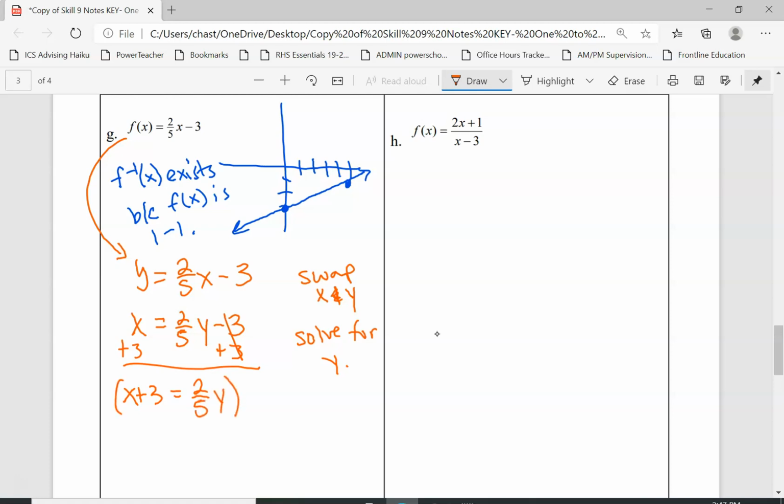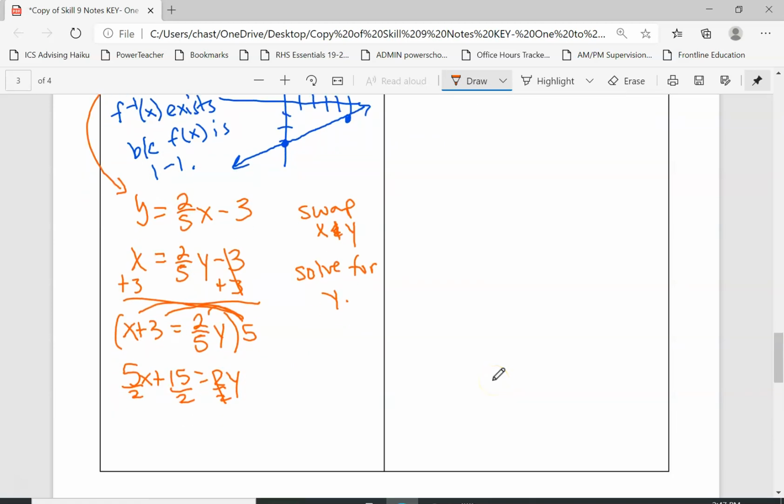Then I'm going to multiply everything by 5 to cancel out the denominator of 5. I'm going to divide everything by 2. Once I do that, I would call this f inverse of x equals 5 halves x plus 7.5. Or you could have left that as 15 over 2.